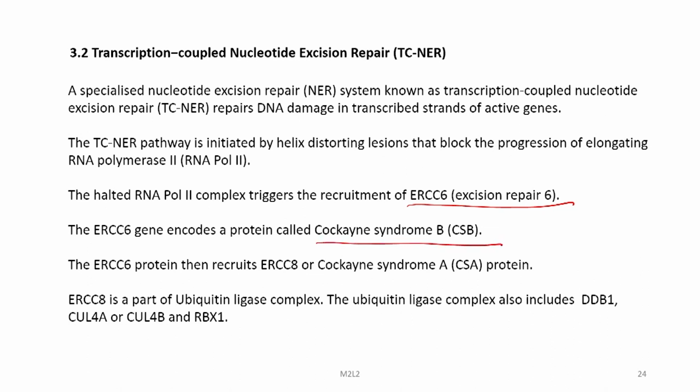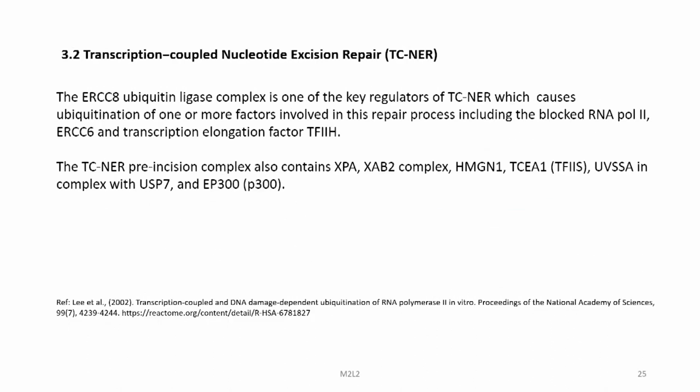The ERCC6 protein recruits ERCC8, or CSA protein. ERCC8 is a part of a ubiquitin ligase complex. The ubiquitin ligase complex also includes DDB1, Cul4A or Cul4B, and RBX1.